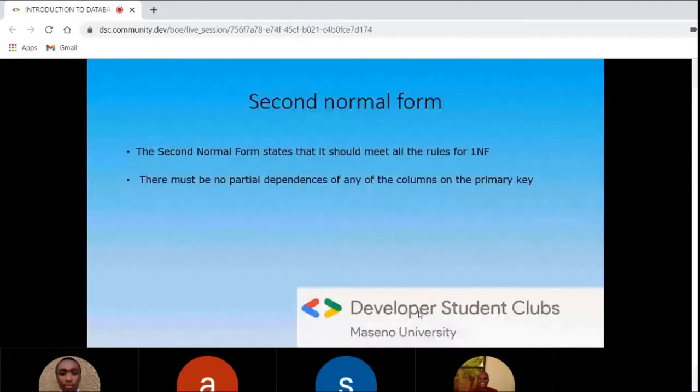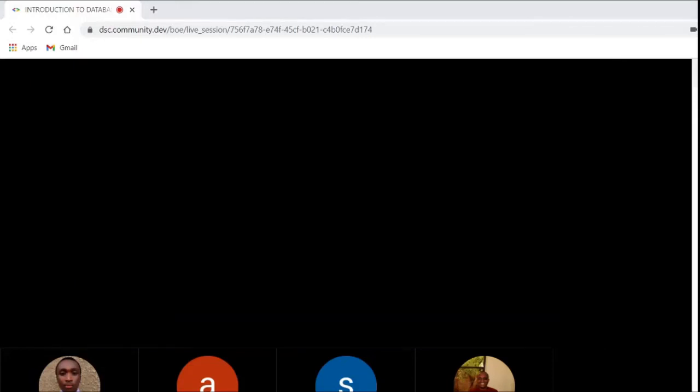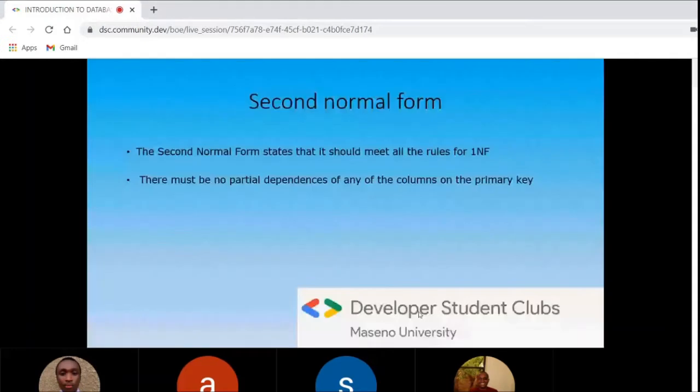So we have a customers table. When we are talking of maybe e-commerce, let's talk of Jumia. If you have a customers table, then we have a customer, the name, the ID, and in the same table, let's say we have the purchases, whatever the customer purchased.